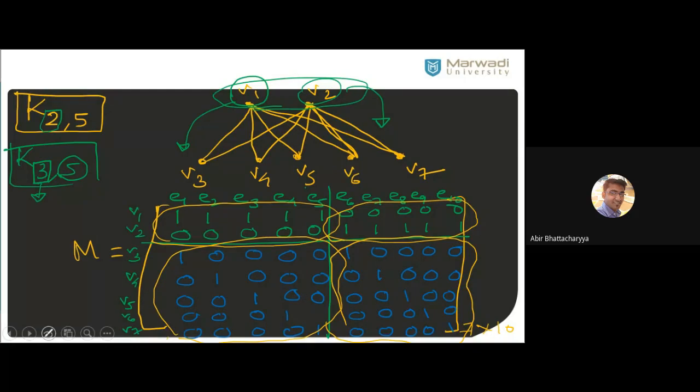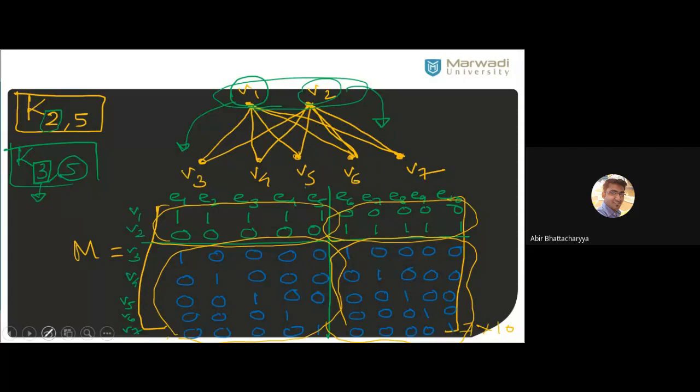How many? 16. So we have 10 rows, 24 columns. I am asking about the blocks. How many blocks are there? Simple concept. Try to compare these things.